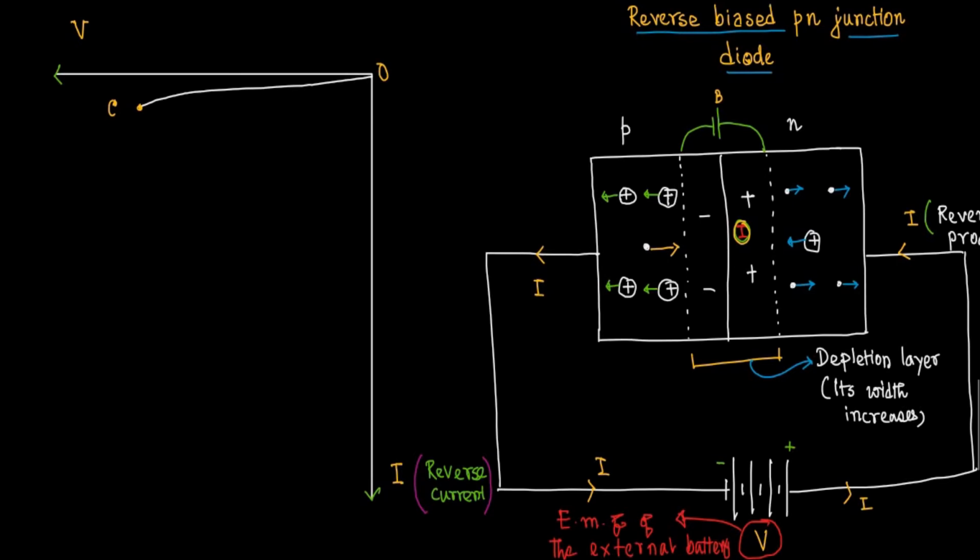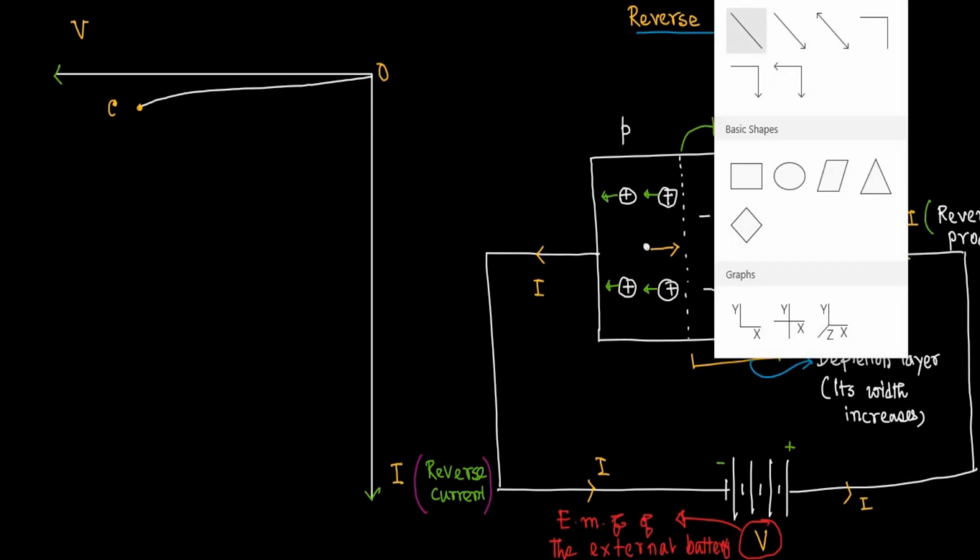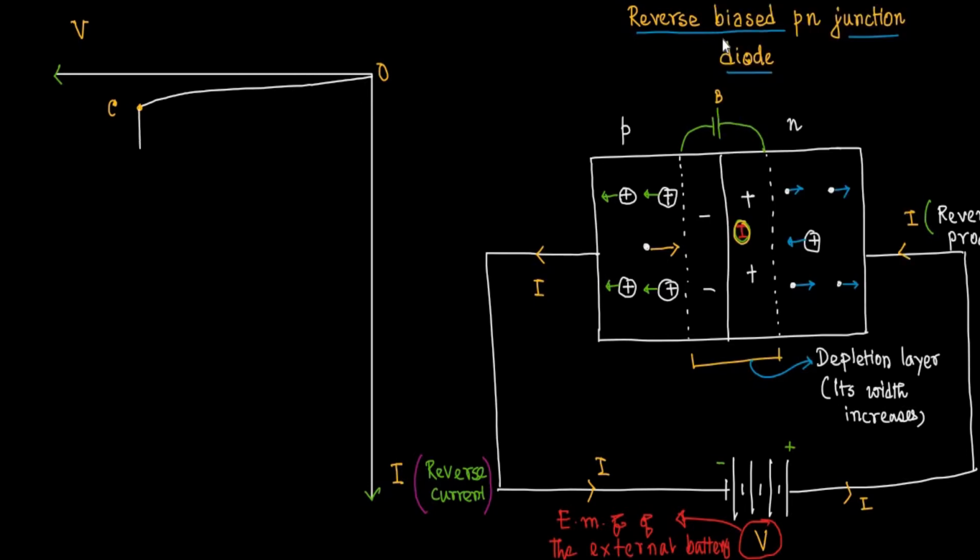Then beyond this point, current will increase negatively abruptly, almost parallel to the current axis. And this is the reverse characteristics.